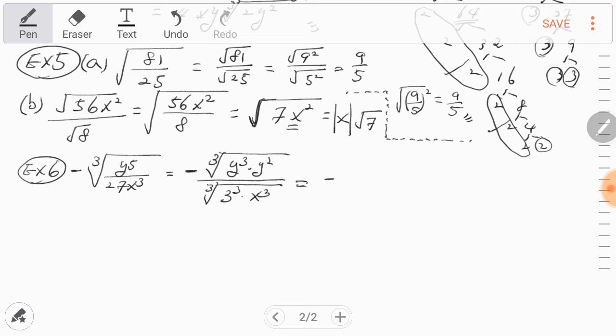The numerator: we can take the base y out because the exponent is 3, the same as the index. And then y squared stays inside because the exponent is not 3, it's less than 3. From the denominator, take this 3 out, and also x out. Okay, that's it.